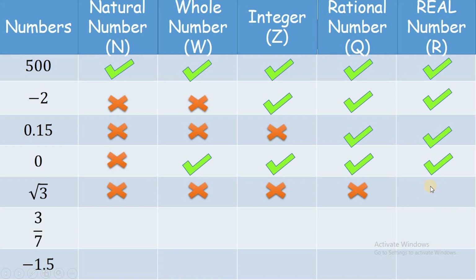Therefore, root of 3 is a real number, or we can say it is an irrational number, and irrational numbers are included in the group of real numbers. Similarly, you check for 3 by 7 and minus 1.5.